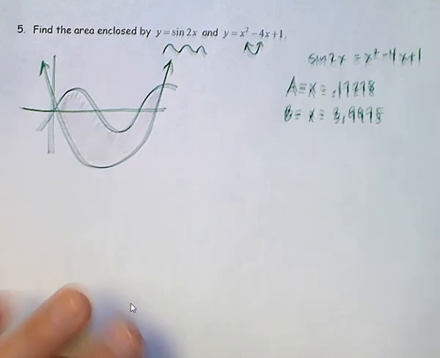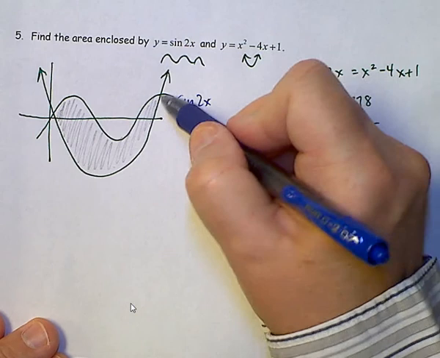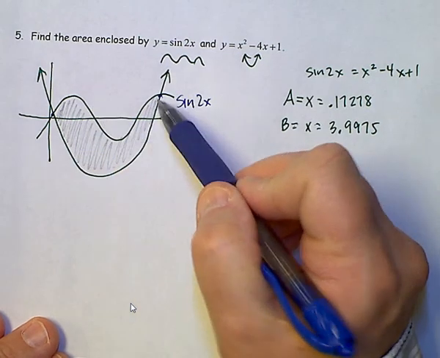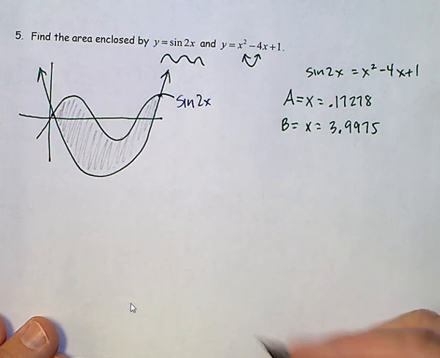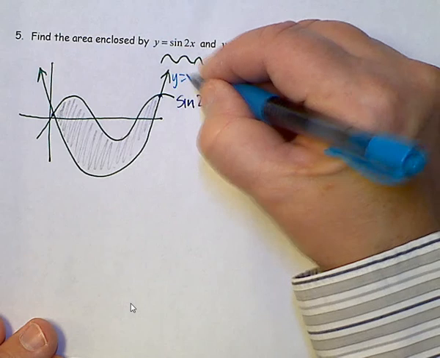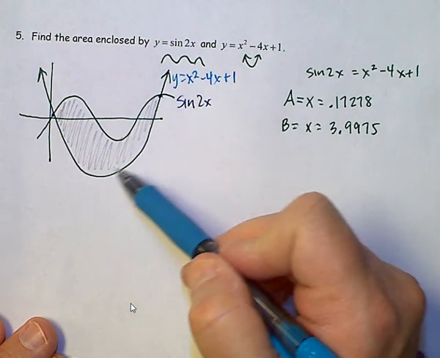Now if you notice, this is my sine 2x function. Between these points of intersection, that is always the top function. And that's going to be important when we do the integral of top minus bottom. You need to make sure that there's not a change in what's the top function and what's the bottom function. My parabola here, y equals x squared minus 4x plus 1, is always the bottom function here.